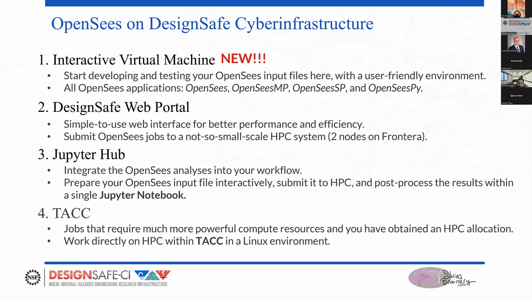So 1 is this new thing, the interactive virtual machine that I'll tell you about. It's really cool. It's got a user-friendly environment because it's a JupyterHub type of environment, but it's preset and already preloaded with OpenSees, OpenSeesMP, SP, as well as OpenSeesPy. And you can run them interactively.